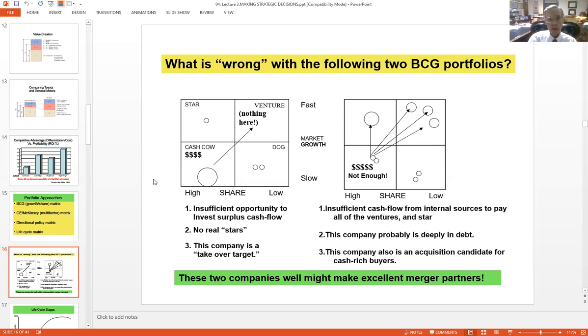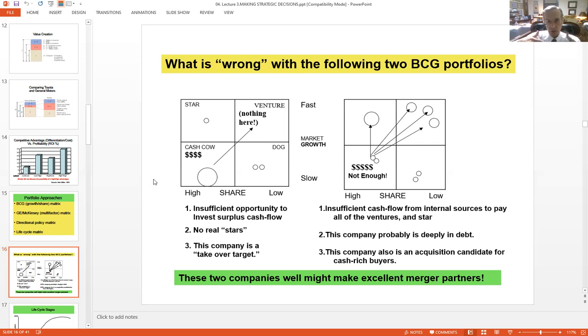They've got one star that is in a fast growing market, but because the market's growing fast, even though that business has a high market share, all of the cash that is generated from profit will probably have to be put back into that very same business.